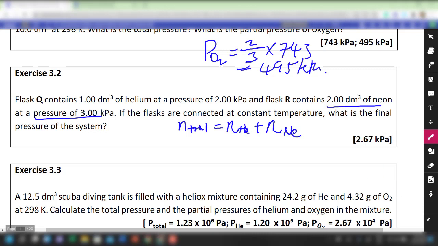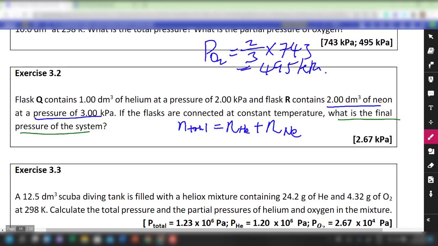So the total number of moles of gaseous particles in flasks Q and R is the total number of moles of helium and neon combined. Obviously, because at the end of the day, I want to know the final pressure of the system. And then I need to re-express n in terms of PV equals nRT. Because PV equals nRT, therefore n is PV over RT.